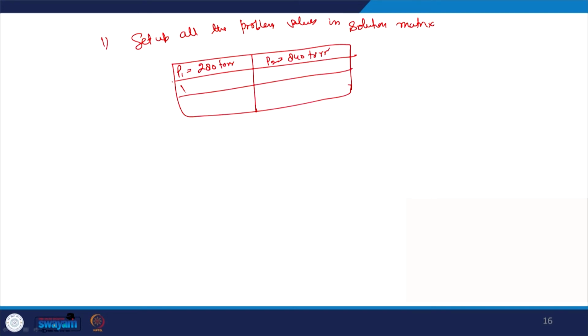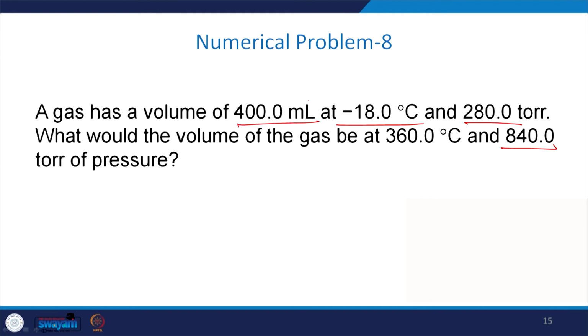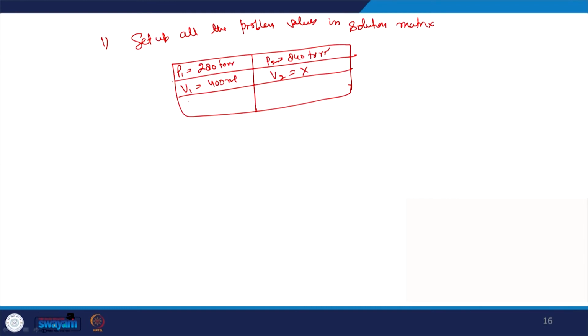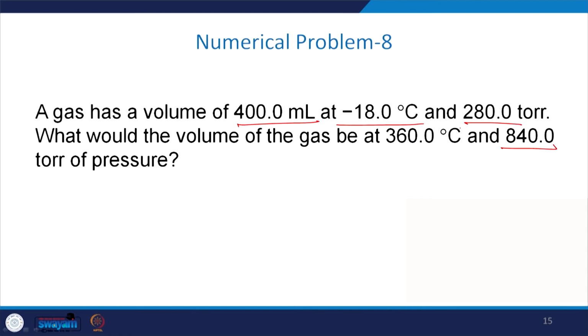Then V1 is equal to 400 ml, and V2 you need to calculate. And T1 is equal to 255 Kelvin and T2 is equal to 633 Kelvin. You see this and this.